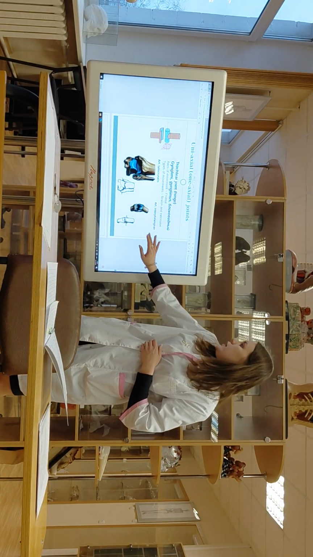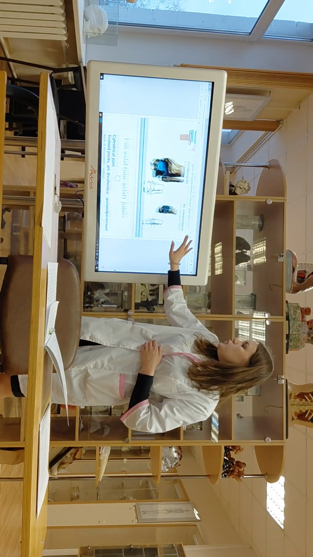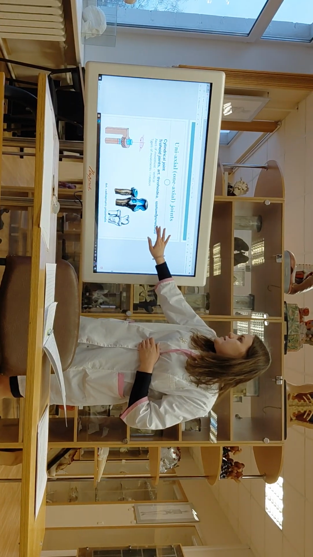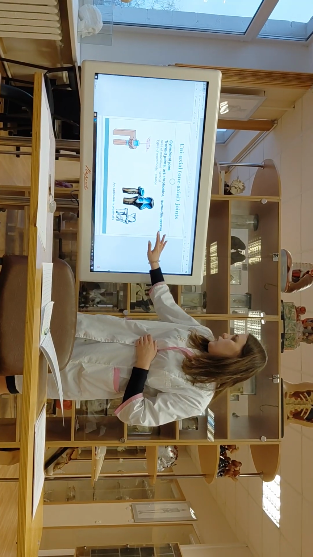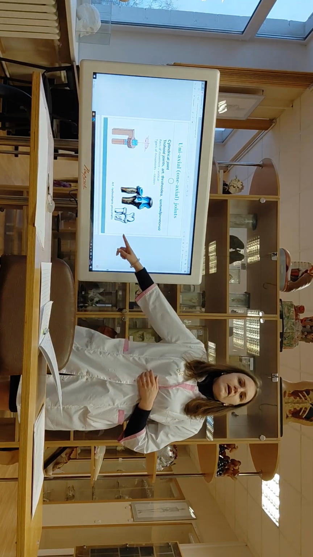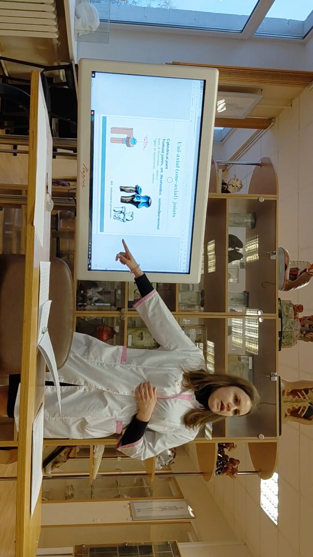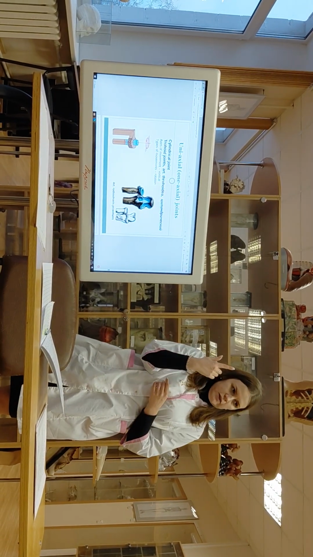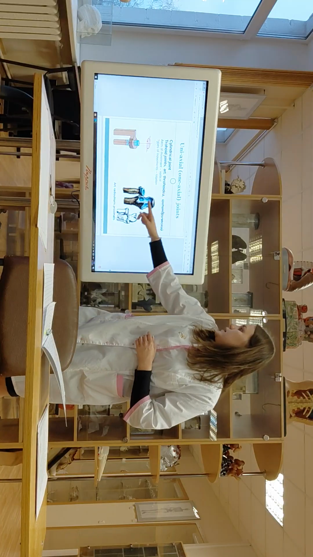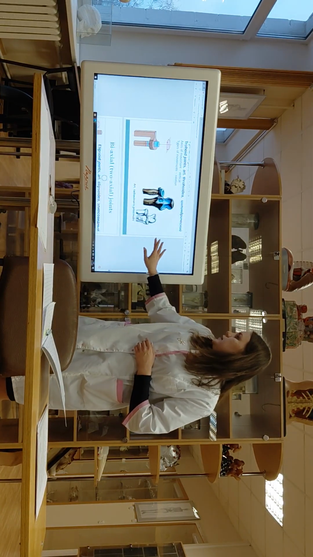For shape, trochlear, and uniaxial. Next, cylindrical joint. For example, the proximal radio-ulnar joint, uniaxial. Only supination, pronation. Only one axis. Uniaxial. Cylindrical for shape.